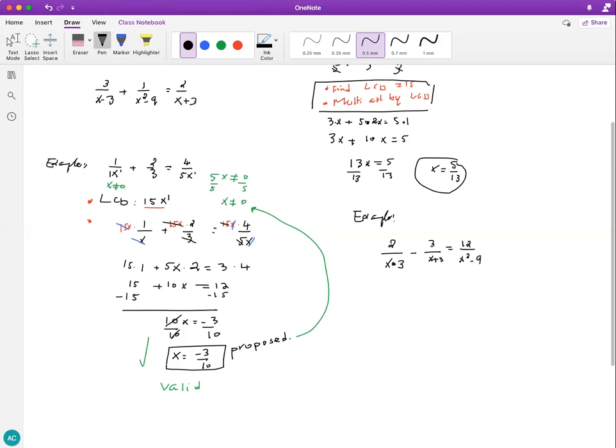As always, before you find the LCD of rational expressions, what is the one thing that you need to do first? Especially here, we need to do something in order to find the LCD. What is it?